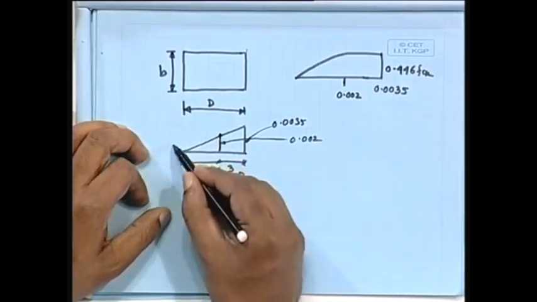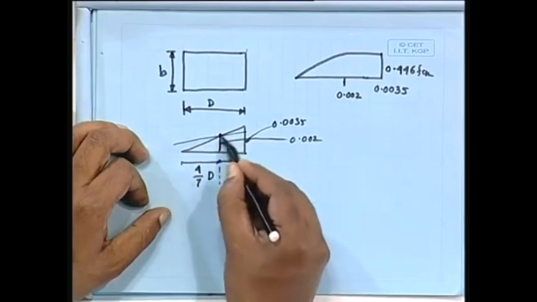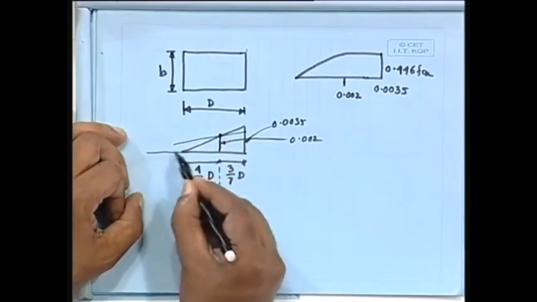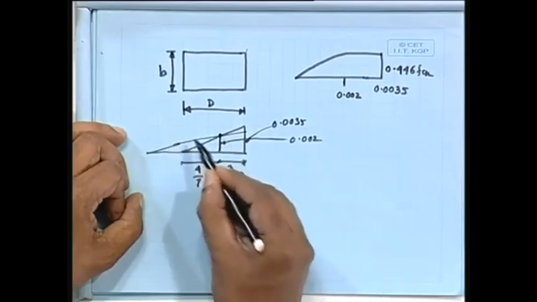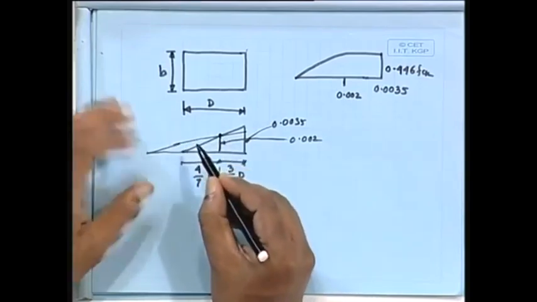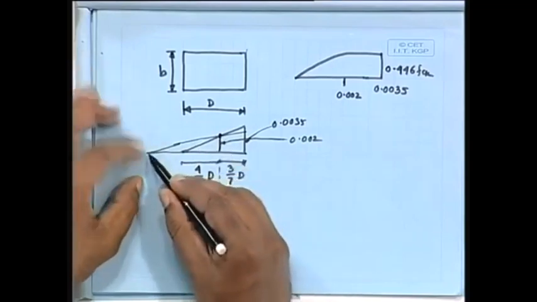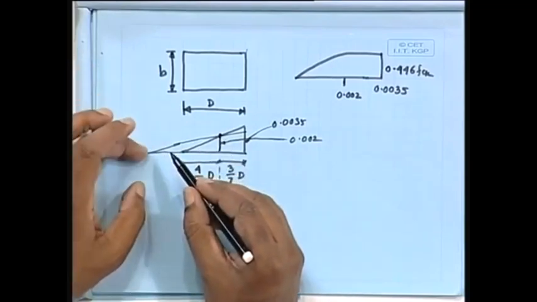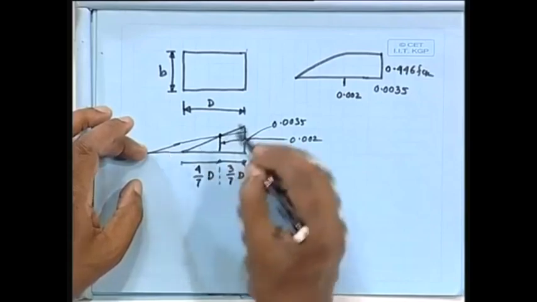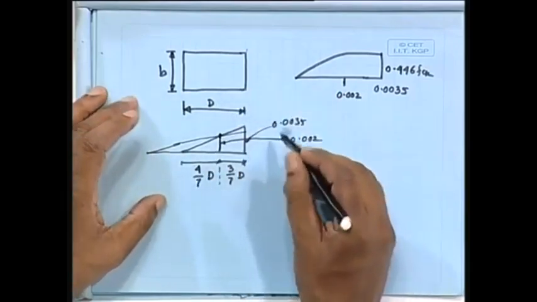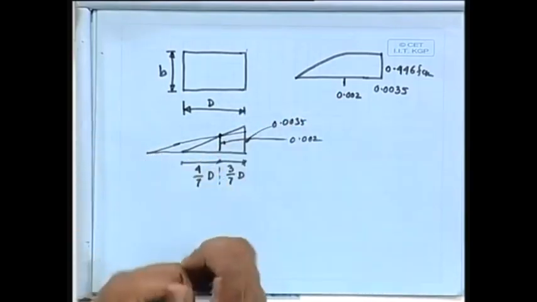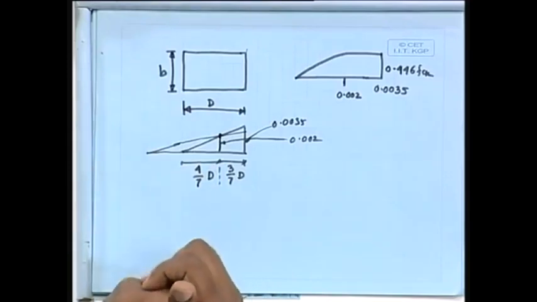So what we can do, somewhere I shall get like this. So neutral axis is going outside the section, this one neutral axis is going outside the section. What I am trying to say, we have the bending moment and we have the axial load.